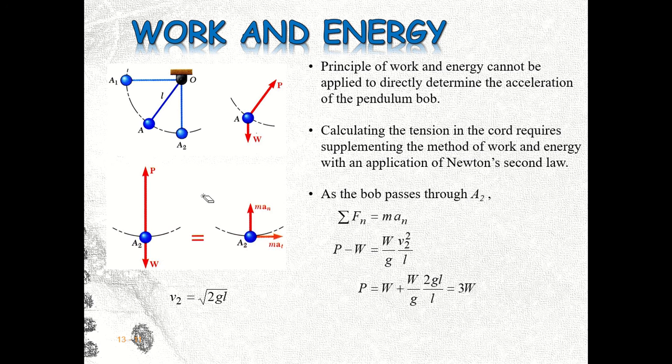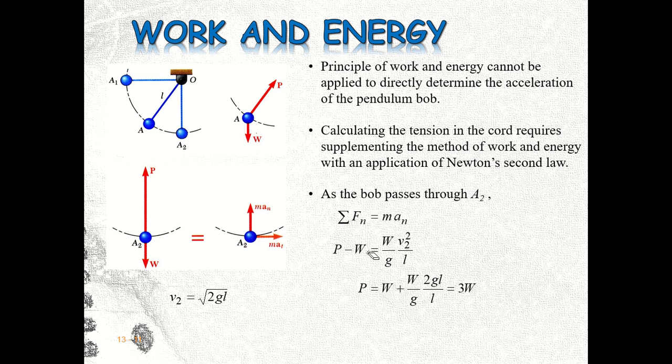From this illustration, this is the tension, the force P that holds the weight. So equal to P, assuming that going up is positive. So we have P, then the weight going down is negative.